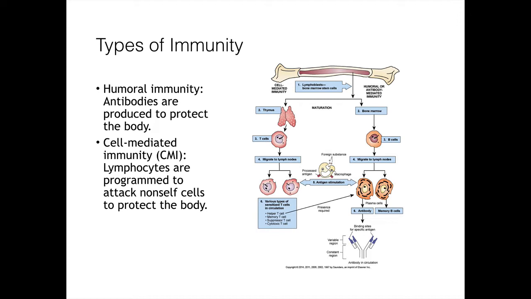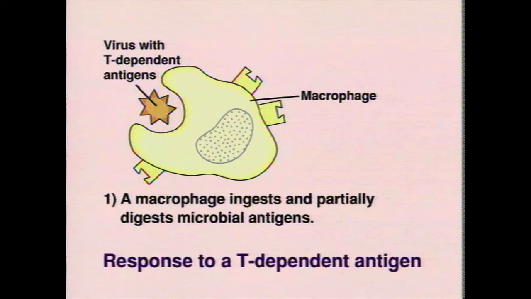Okay, what else do I want to talk to you about? Right, here's a little picture sequence of a macrophage ingesting and then partially digesting some kind of microbial antigen. This particular one is a virus with T-dependent antigens, meaning that it's going to really facilitate the production of the T cell line.